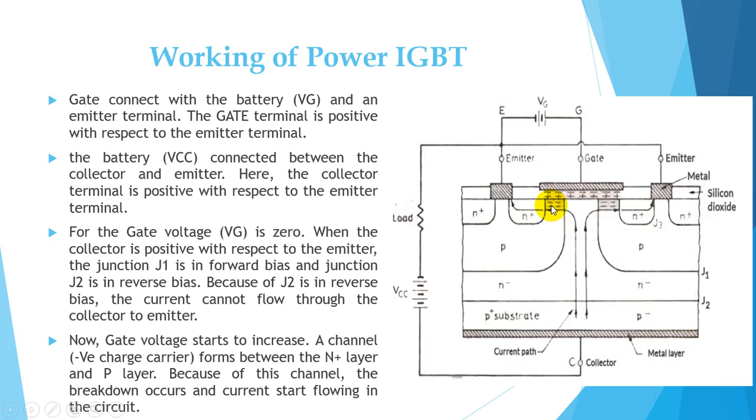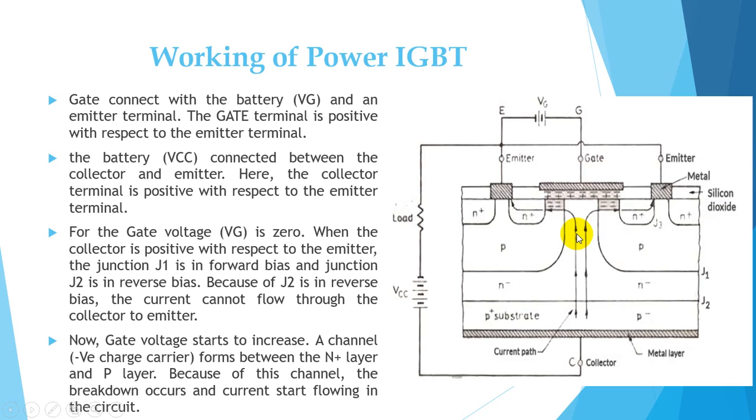Like that, we get negative charges under the silicon dioxide layer, which forms a sublayer under it. If we further increase the gate to emitter voltage, further electrons are formed there to make one layer under the silicon dioxide.